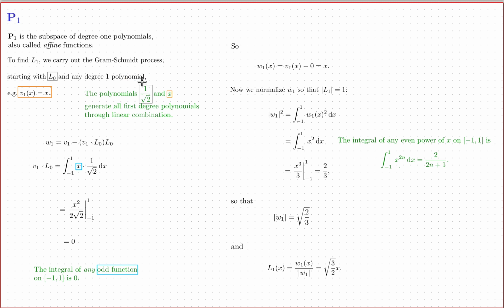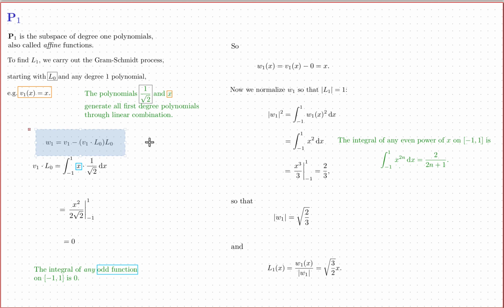Now, we do know that L0 is already normalized. It already has magnitude 1, so we can skip that step. The next step in the Gram-Schmidt process was to subtract the projection of V1 onto L0, onto the first basis vector. So we want to take V1 and subtract its projection onto the first basis vector so that all that's left is a vector, which we'll call W1, which is orthogonal to the first basis vector.